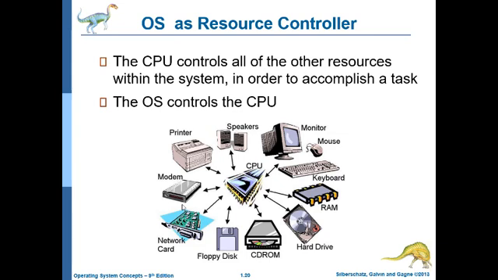Actually the operating system controls the CPU. It is the operating system which tells the CPU what to do at what time. So these different resources that you see are controlled by the CPU, and the CPU is controlled by the operating system.